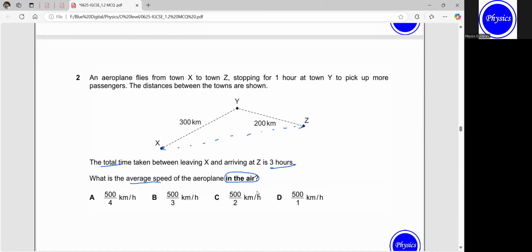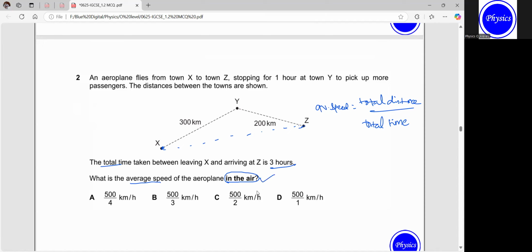Very important: average speed is given as total distance divided by total time. But here we cannot take the total time as 3 hours, because they only want the average speed of the plane in the air.